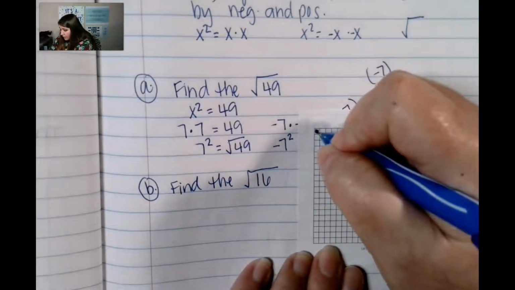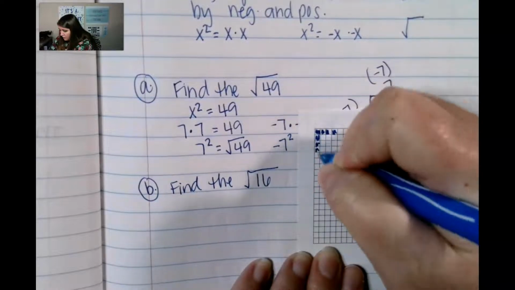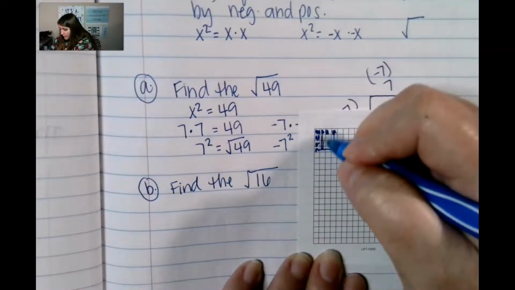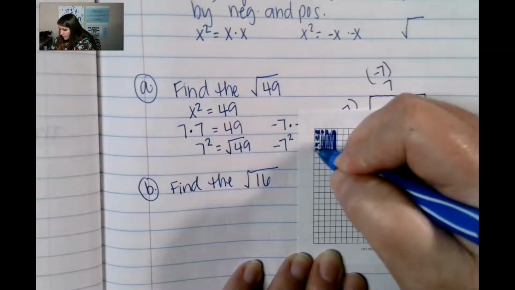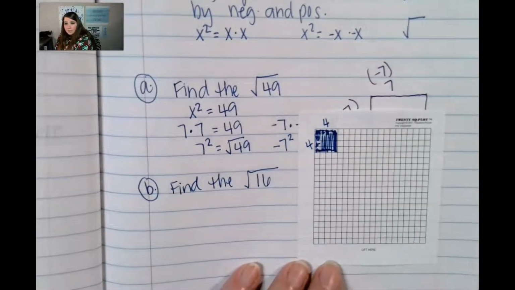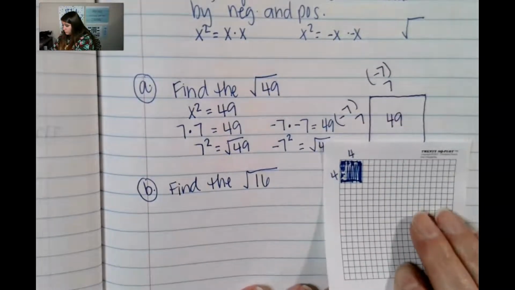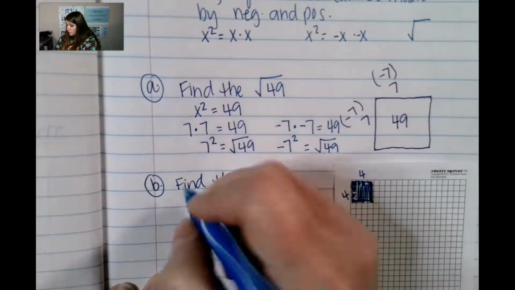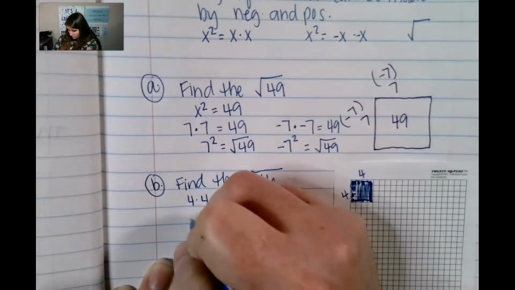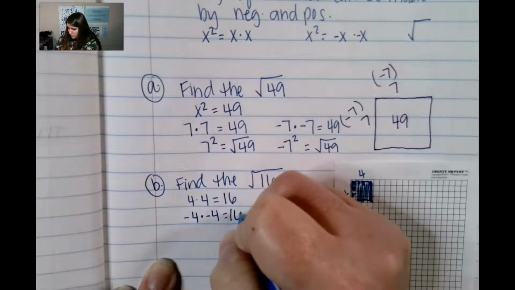Well, I know that if I color 4 by 4, all of this square right here is going to be colored in. And that gives me 16 pieces. So 4 by 4 is a perfect square. So that gives me the square root right there. So 4 times 4 would give me 16, and so would negative 4 times negative 4. That also equals 16.